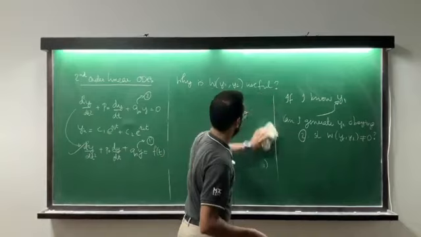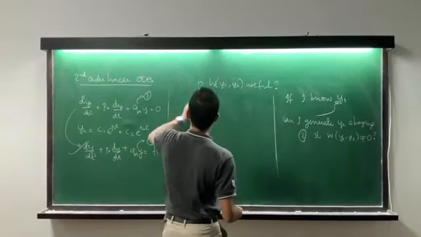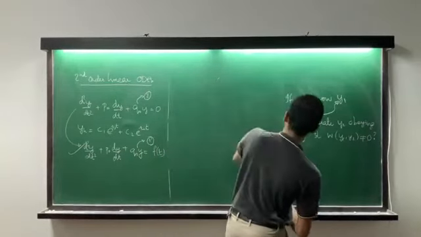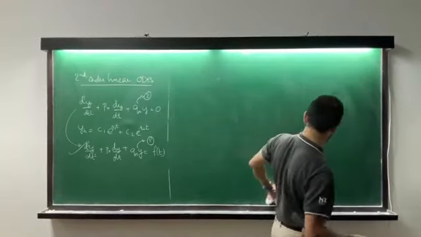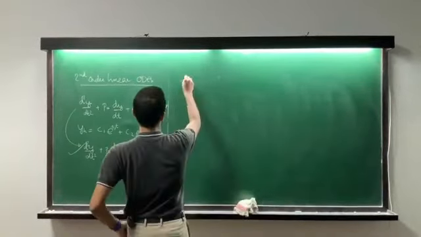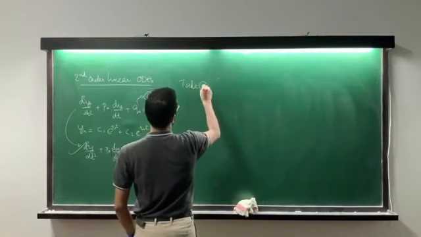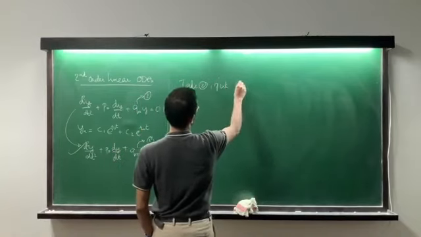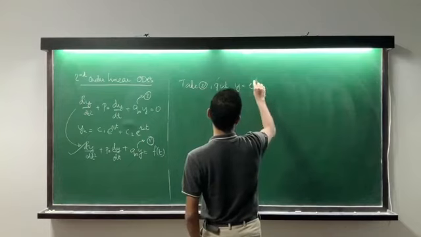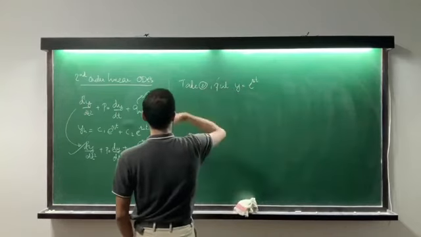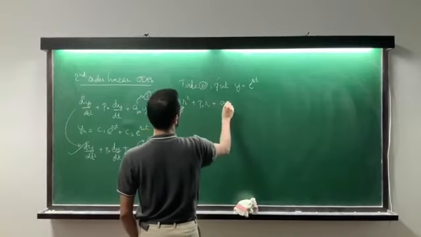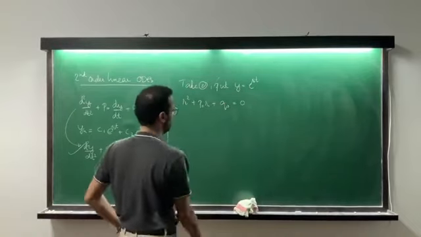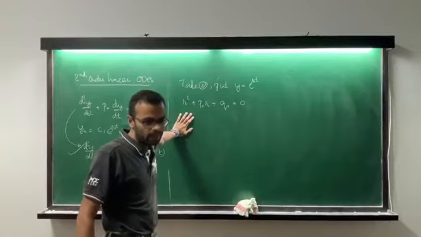It will matter because of one case that I have conveniently kept aside till now. If you take 2 and put y equals e to the power rt, you are going to get an equation that looks like this: r squared plus p0 r plus q0 equals 0, and then you will solve the quadratic equation.